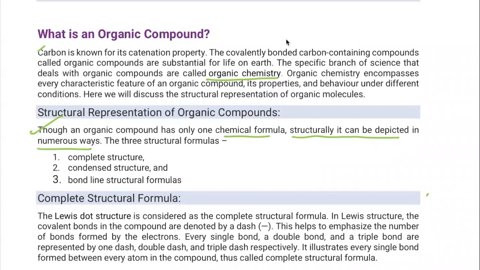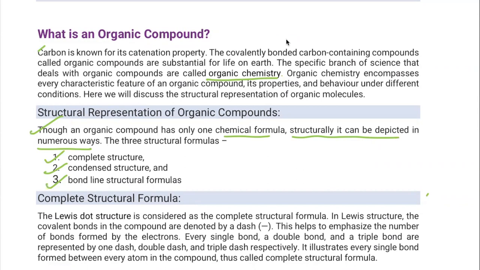We can represent an organic compound mainly in three ways. The first one is complete structure, the second one is condensed structure, and the third one is bond line structure.